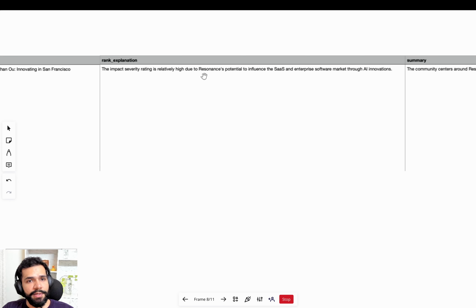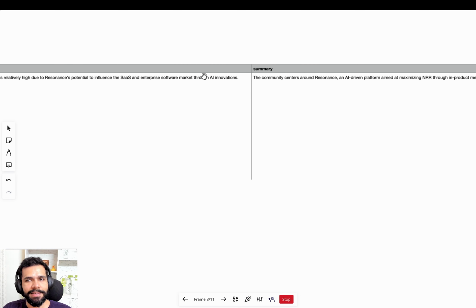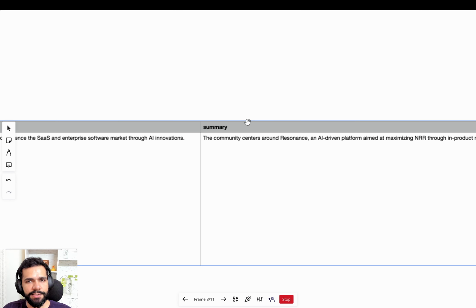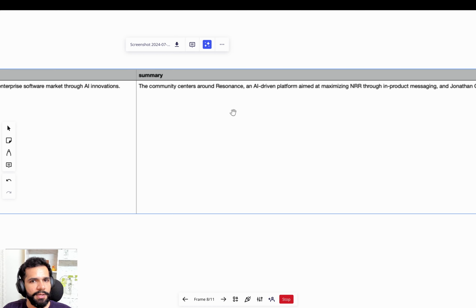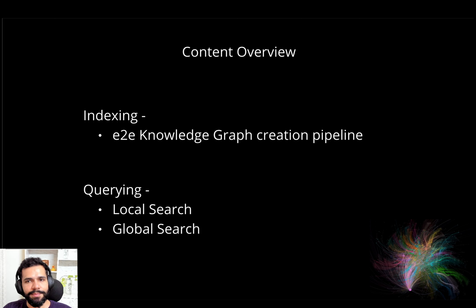It gives an extensive summary of what this community is and how the different entities are related to one another. So there are a lot of communities which get formed based on everything that we just saw, which in essence is semantic similarity.